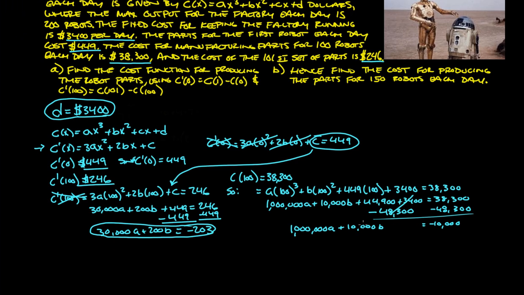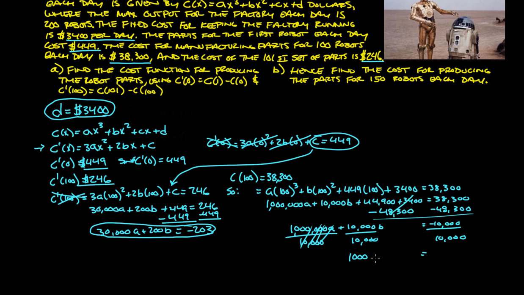So we now actually have two equations with A's and B's equaling two different things. We could enter this just like it is, but we can divide all of these by 10,000 to make our numbers much more manageable. You don't have to, but all those zeros go away.